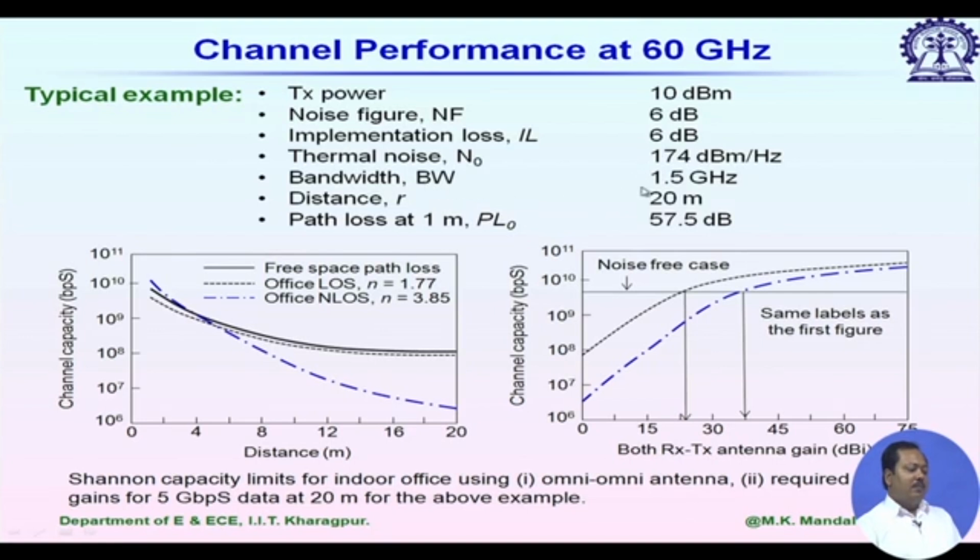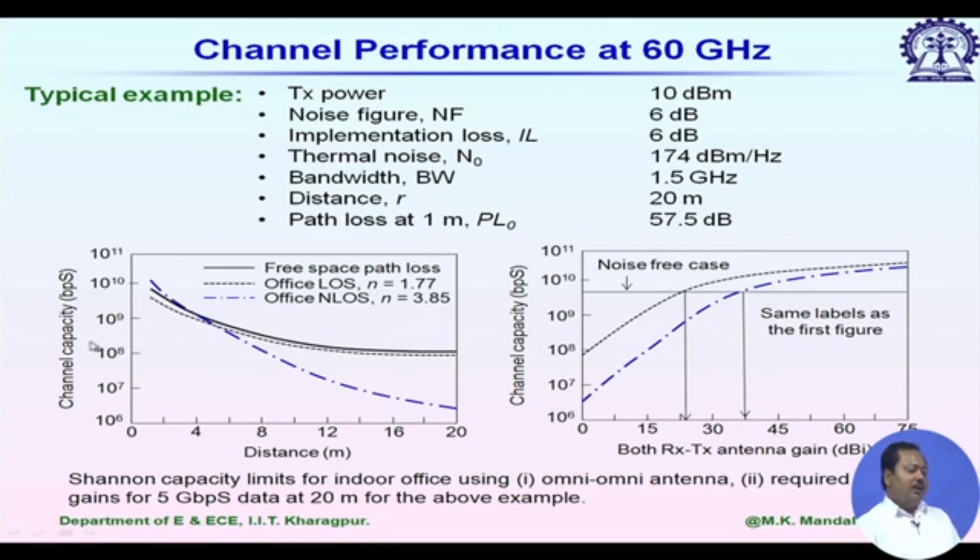The bandwidth of the system is 1.5 gigahertz, the distance between the transmit and the receive antennas is 20 meter, and there is the path loss at 1 meter, which is PL naught. If I put in the values at 60 gigahertz and consider n equal to 2 in that expression of path loss, it comes to 57.5 dB.